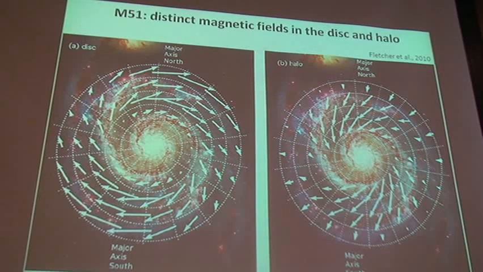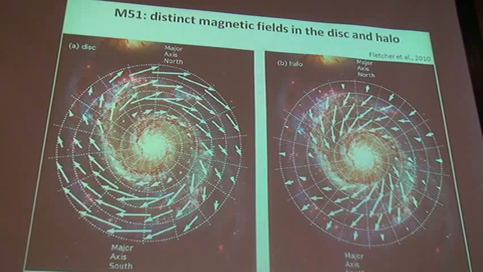This means that by comparing this data, we can decide what the field structures are in different regions along the line of sight. So we can get some information about the integrand from the integrals, just because of our data. So we were able to determine the large scale field configuration, averaged over this sort of scale, separately in the disk and in the halo.